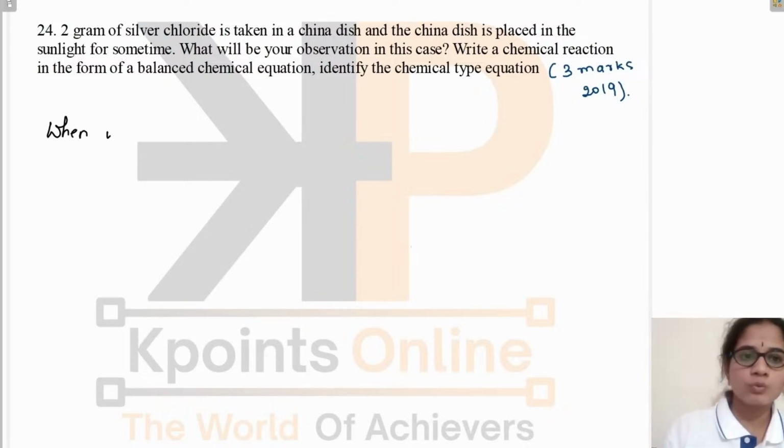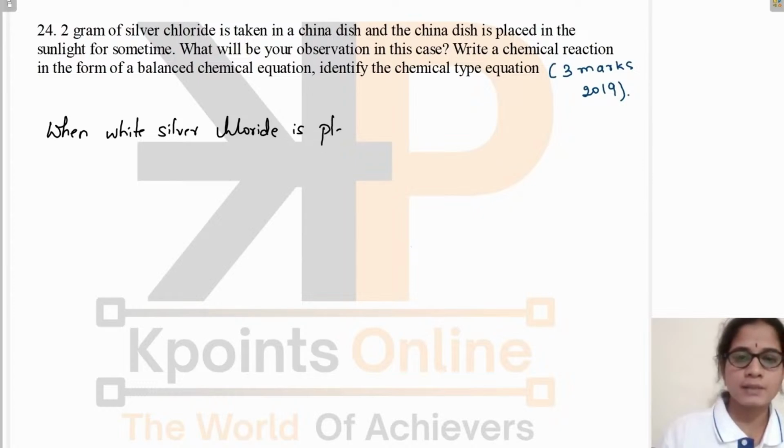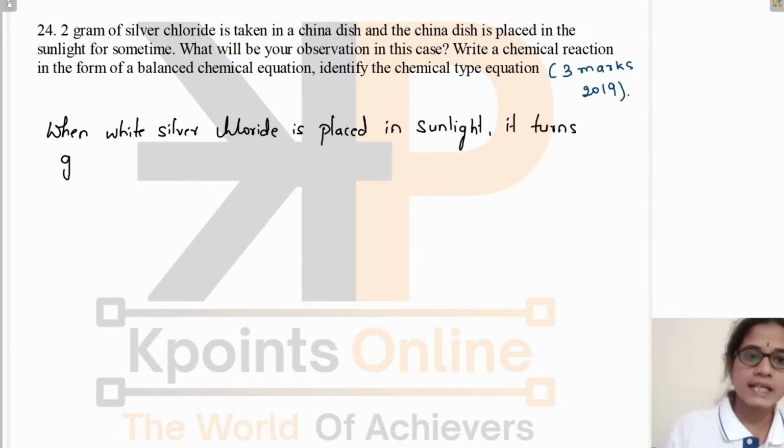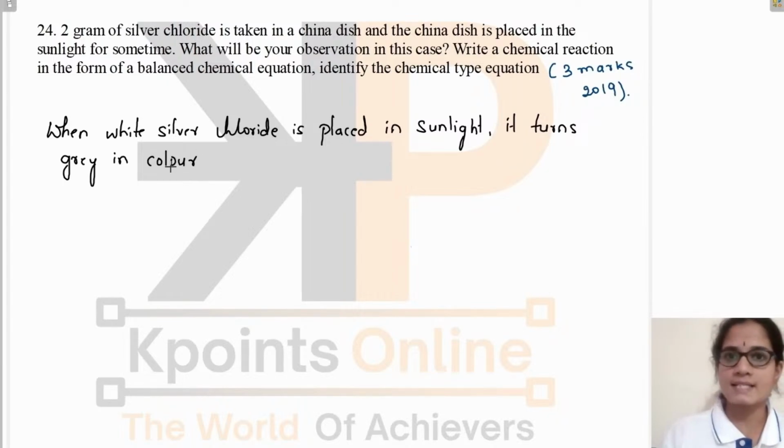Okay, when white silver chloride is placed in sunlight for some time, it turns gray in color. Why? Because the silver chloride has undergone the decomposition reaction in the presence of sunlight to form grey color silver.